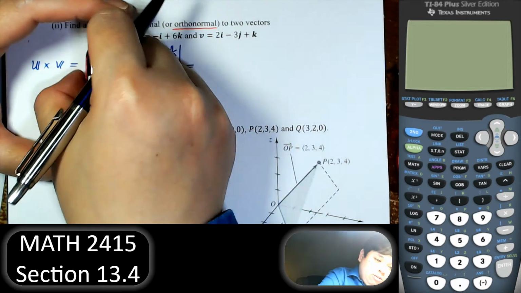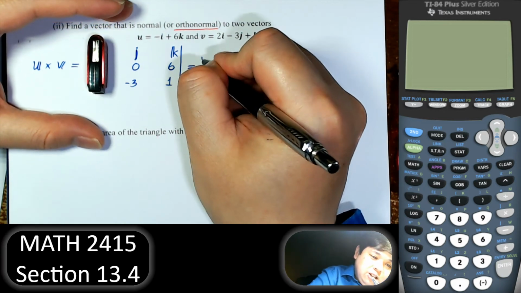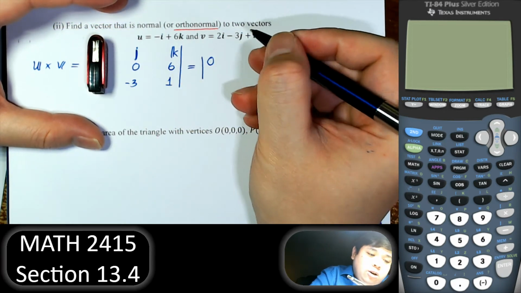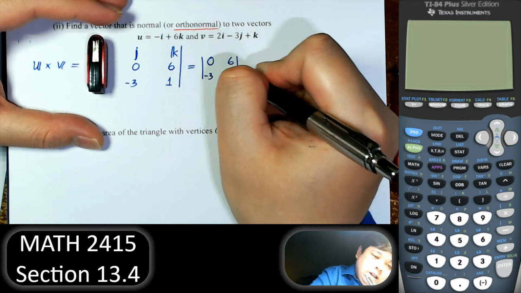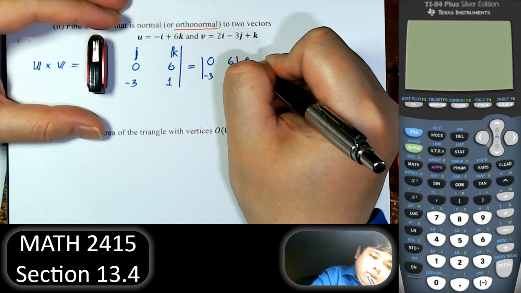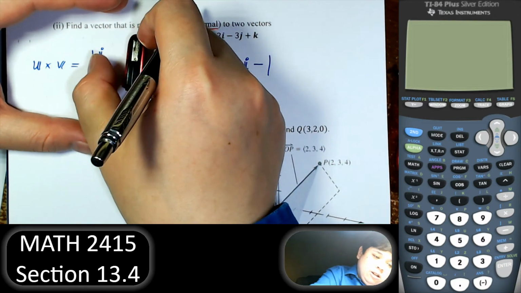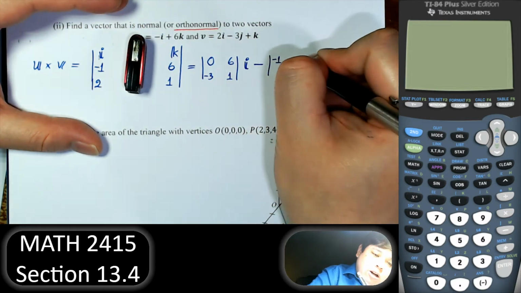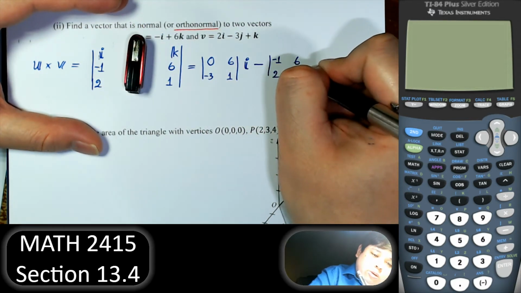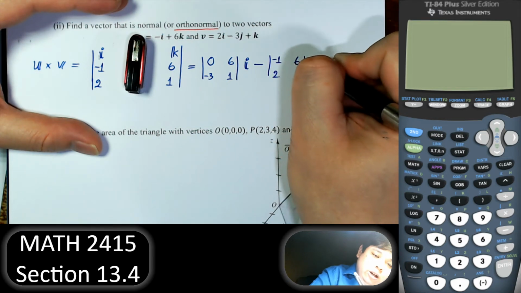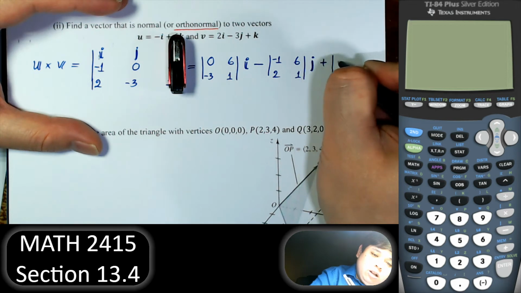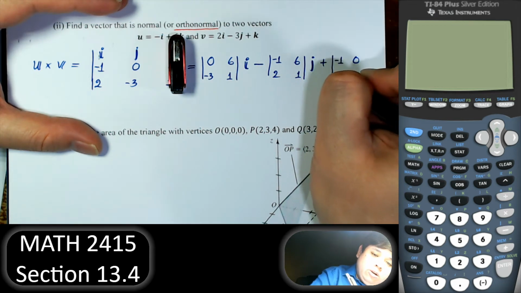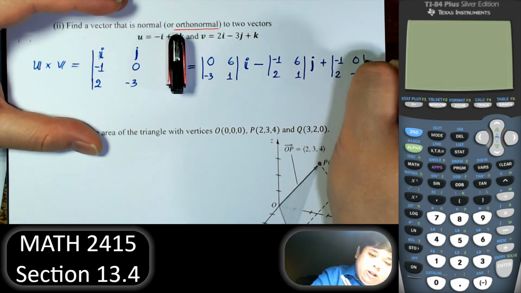For i, cross that out: 0 and 6, -3 and 1 in i, minus -1, 6, 2 and 1 in j, and then back to plus, -1, 0, 2 and -3 in k.